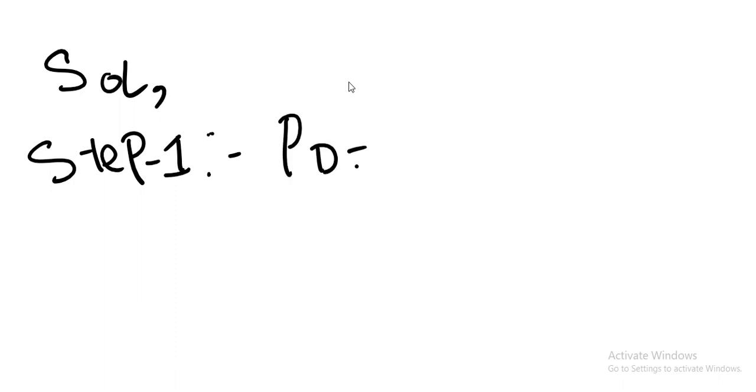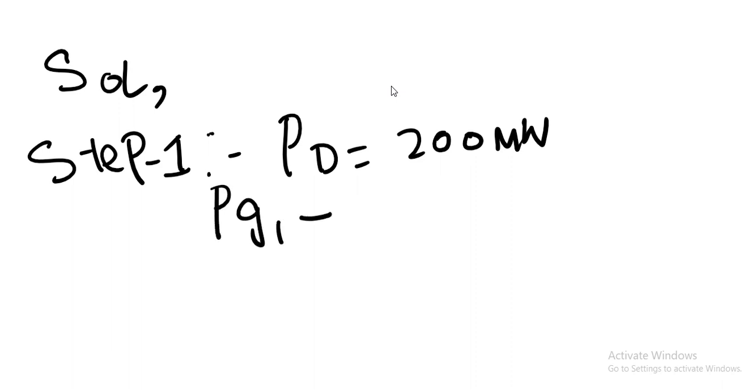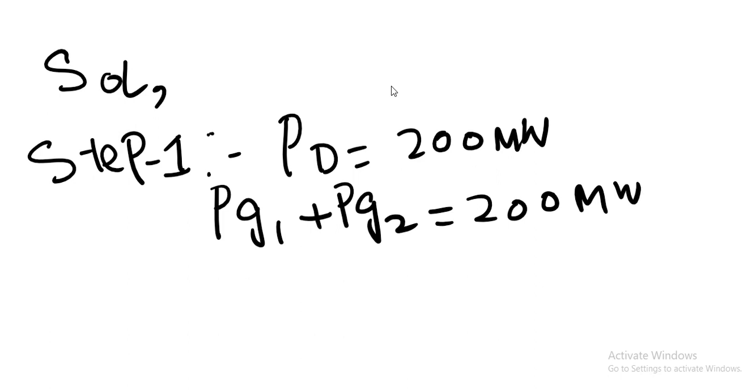Given PT is 200 megawatt. There are two generators. Therefore, PG1 plus PG2 equal to 200 megawatts. Keep it as equation first.